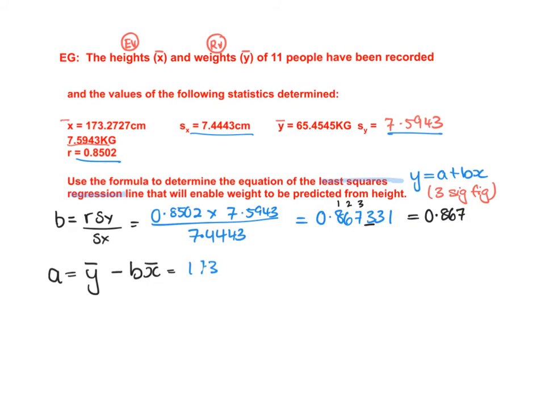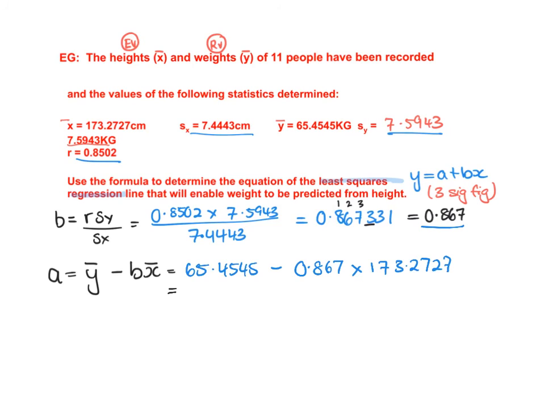Oops, I did that wrong too. 65. So 65.4545 minus B, which I found over here, 0.867 times the mean of X, which is 173.2727. So let's do that one on the calculator, and then we'll round to 3 significant figures.